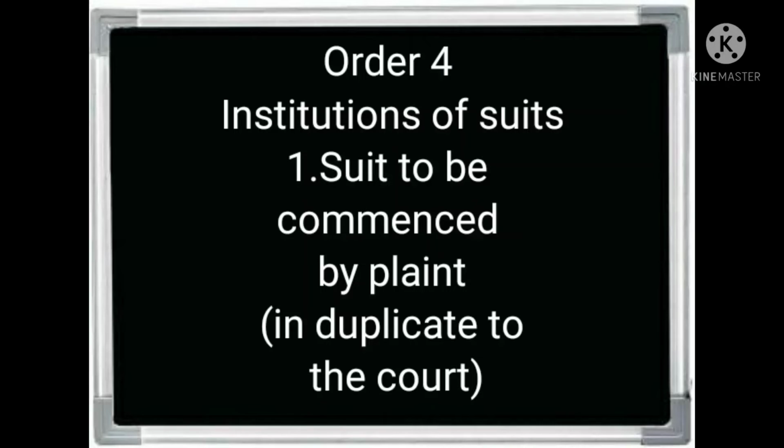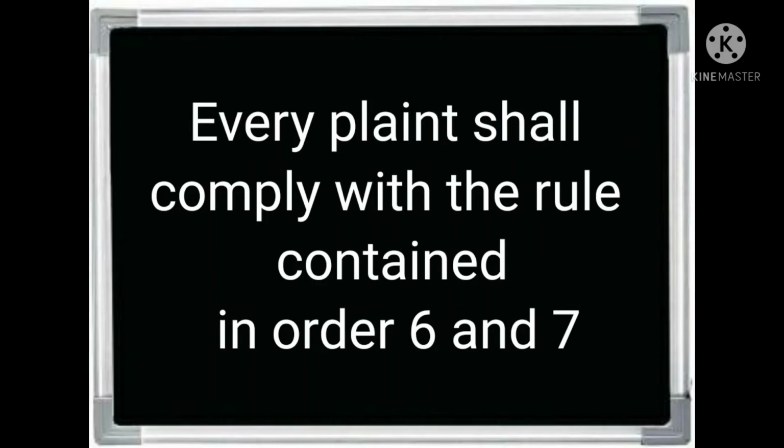So the first rule of Order 4 says that a suit is to be commenced by a plaint, and every suit shall be instituted by presenting a plaint in duplicate to the court. The word duplicate here is important for any upcoming examination.